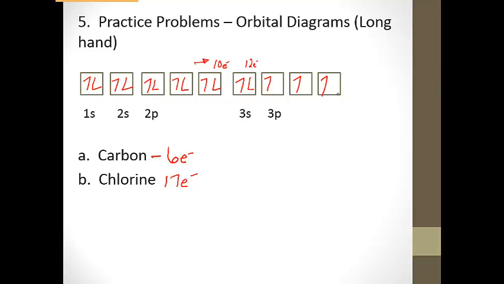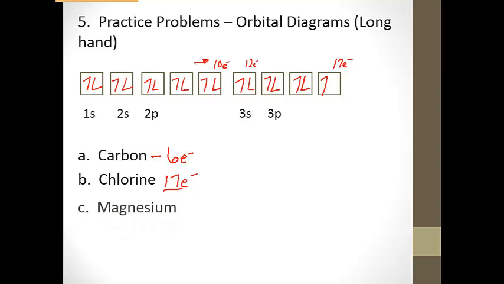So actually, we don't have to pair them together at all. Wait, we have 17. Okay, I can count. So 15, and then we have 16 and 17. So yes, we do need to pair 2 of them. All right, so there's our 17 total electrons that we need for chlorine.